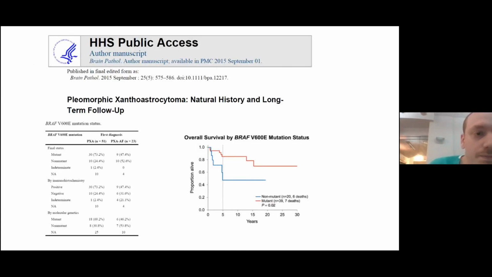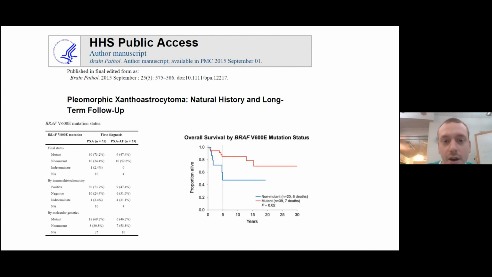This paper talks about the natural history and long-term follow-up for PXAs. And something that comes up always on the boards is the presence of BRAF mutation. Usually around 70% of PXA cases have a BRAF mutation.